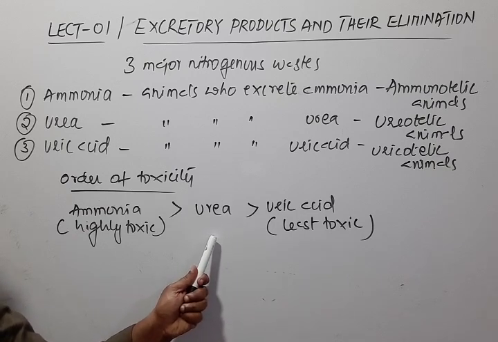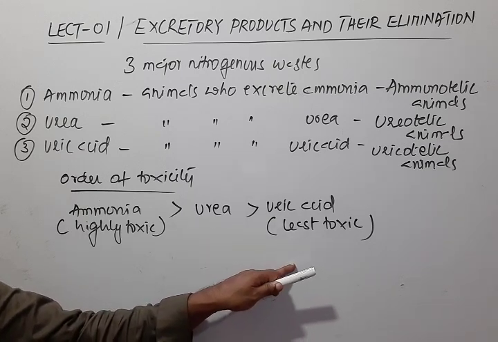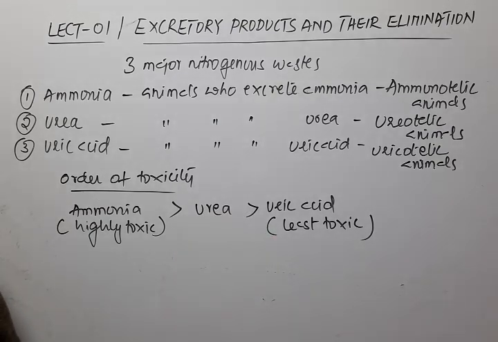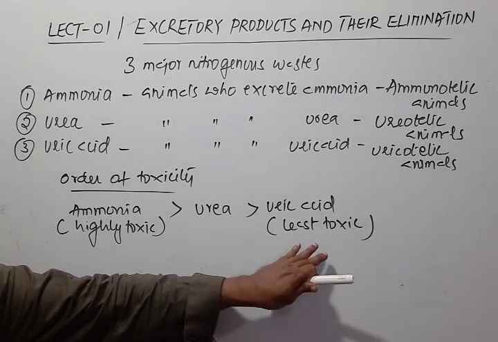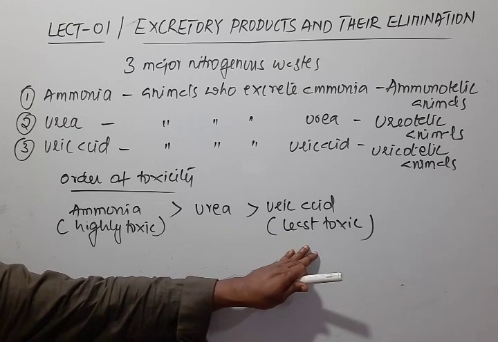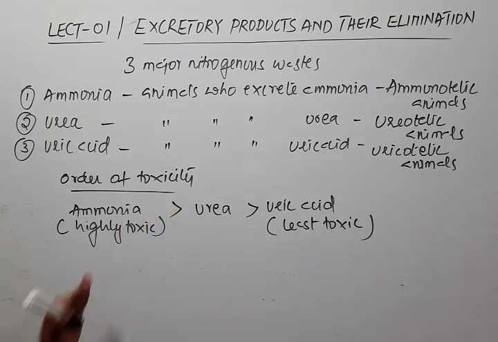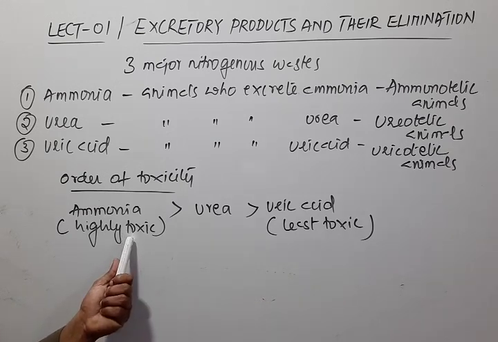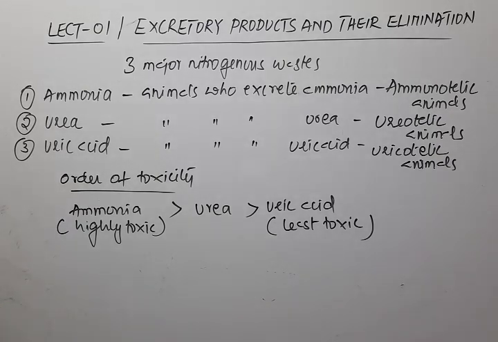So for urea and uric acid, less amount of water is required. In the case of uric acid, very much less water is required to remove it, and a lot of water is required for the removal of ammonia. So we have come to be clear that ammonia is highly toxic, and uric acid is least toxic.